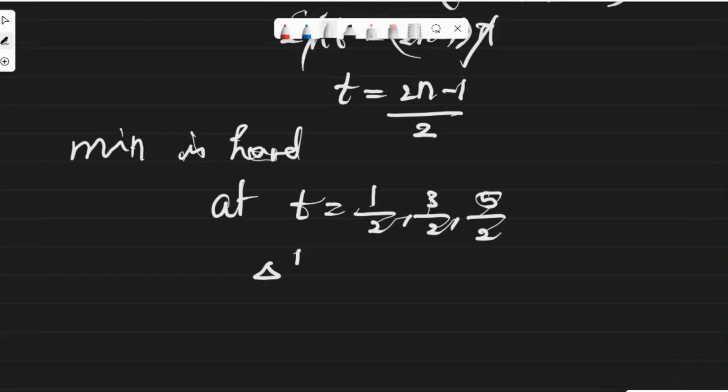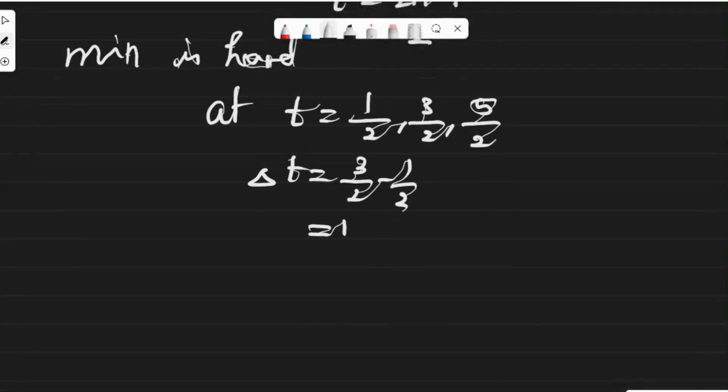Next, delta t is 3 by 2 minus 1 by 2, which is 1. So delta t we have got here is 1 in the same way. I mean, minimum intensity and maximum intensity occur at equal intervals of time.